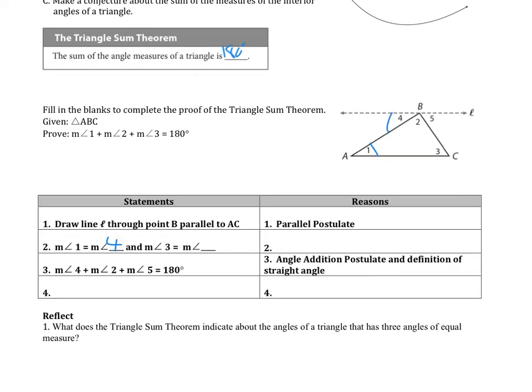Then we also know that angle 3 is equal to the measure of angle 5. And our reason for that is alternate interior angles.